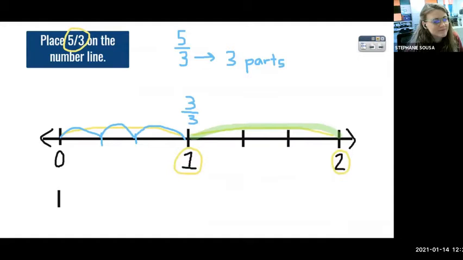I know that at the 1 mark, right here, that is 3/1/3. So next, I will continue on and keep counting each 1/3. 1/1/3, 2/1/3, 3/1/3, keep going. 4/1/3, 5/1/3.